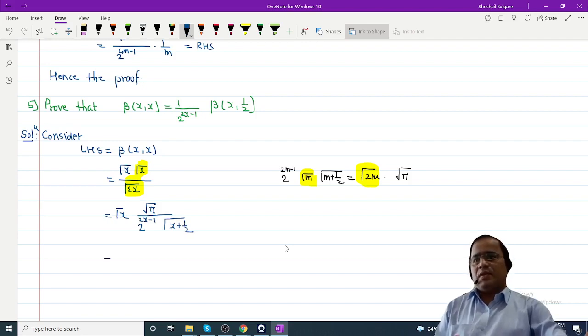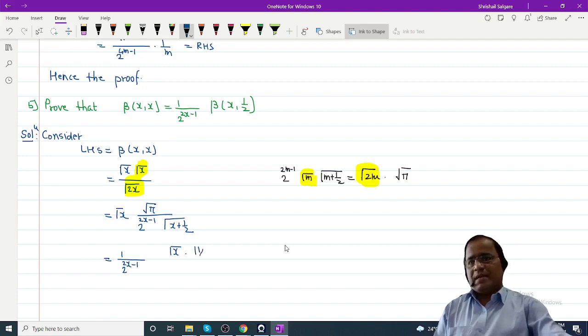Now further, it can be written as 1 upon 2 raised to 2x minus 1 into gamma x, root pi I will write as gamma 1/2, divided by gamma of x plus 1/2.